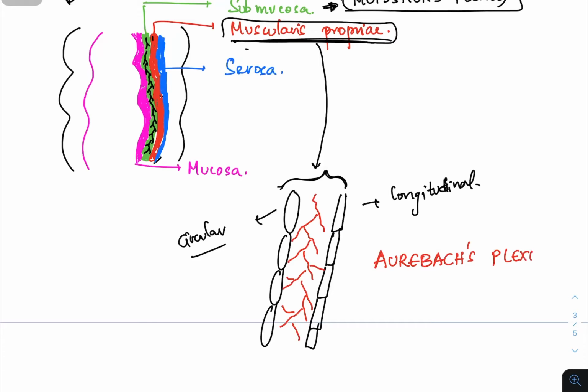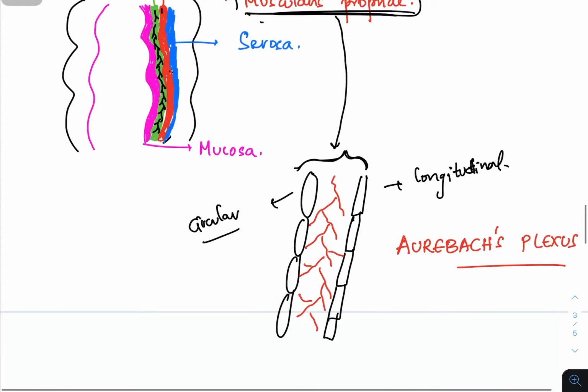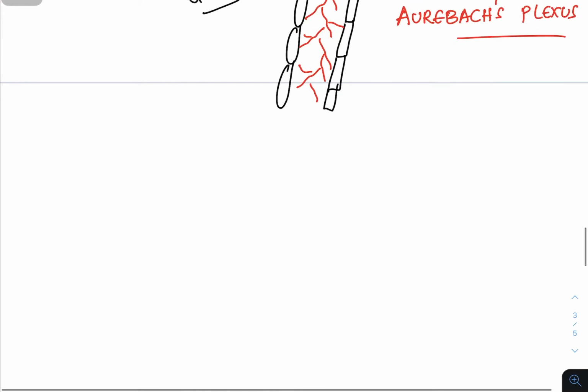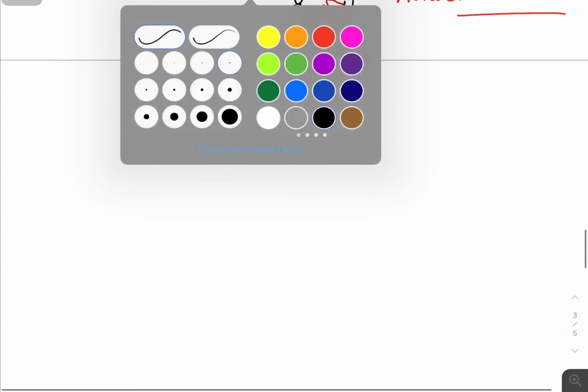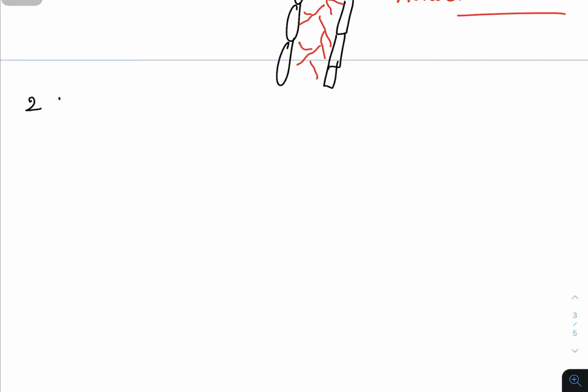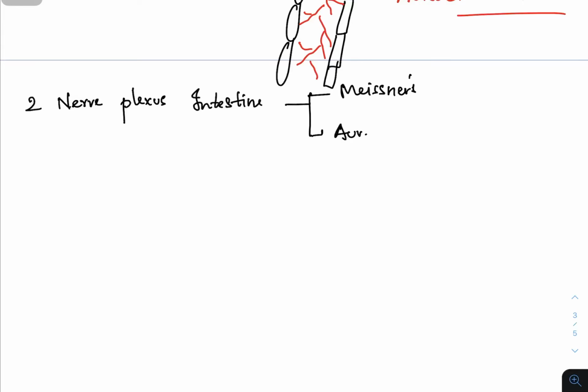So this nerve plexus over here is called Auerbach's plexus. So from today, if someone asks you what are the two different nerve plexuses located in your intestine which are responsible for the contraction and peristalsis of the intestine, there are two. One is called Meissner's plexus, another one is called Auerbach's plexus.